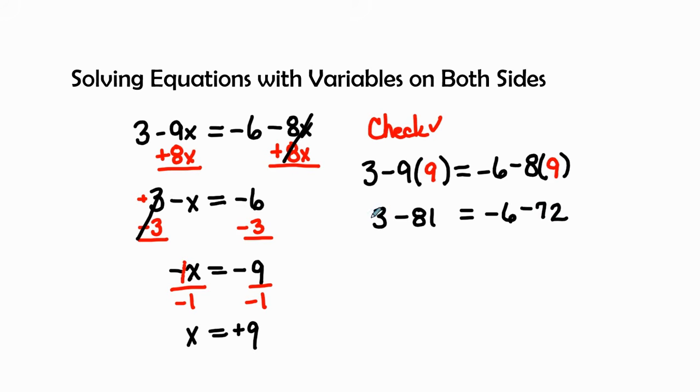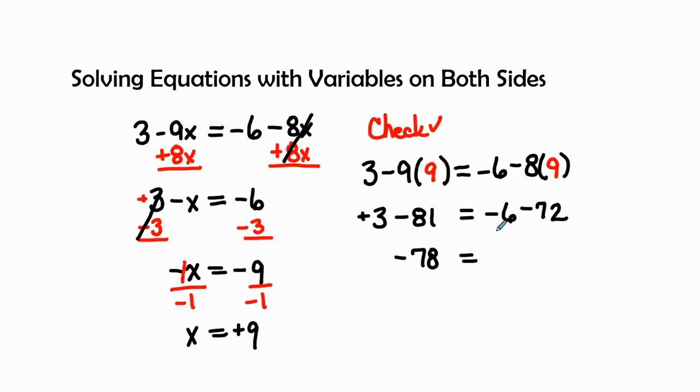So I see that this 3 is a positive 3. If I don't see a negative sign in front of it, I know it is a positive. So I have a positive 3 and a negative 81. That is going to give me a negative 78. And I have a negative 6 and a negative 72. So I'm going to combine those together.